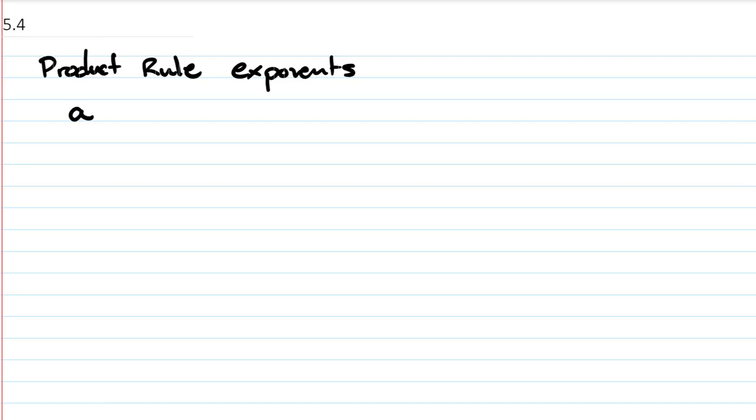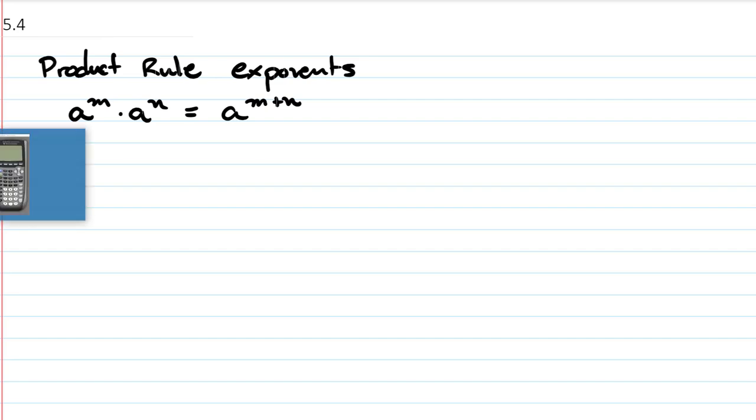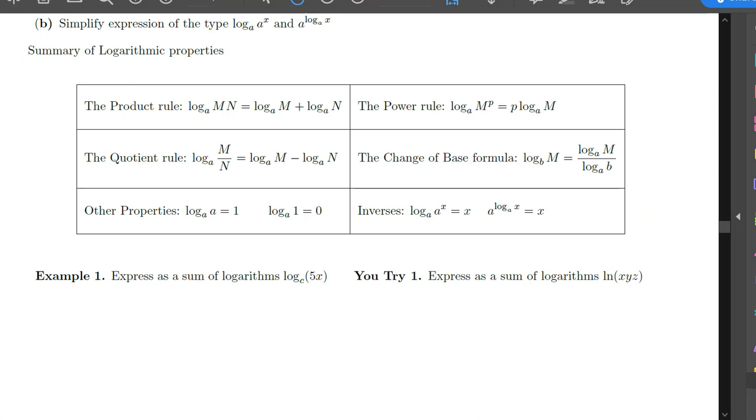So we have the product rule for exponents. If we multiply two things together that have the same base, so a to the m times a to the n, this is equal to a to the m plus n. It turns out that with logarithms, we get something very, very similar.